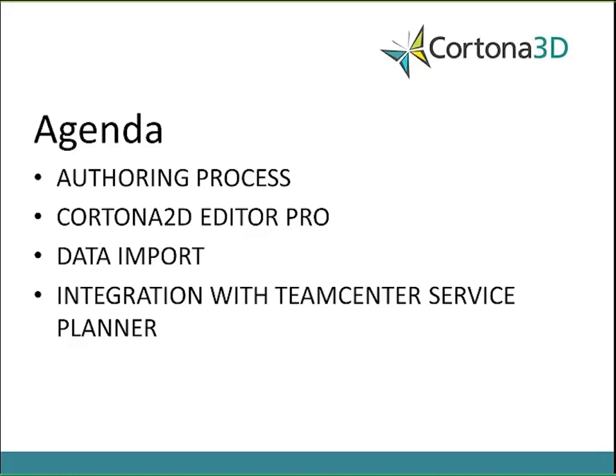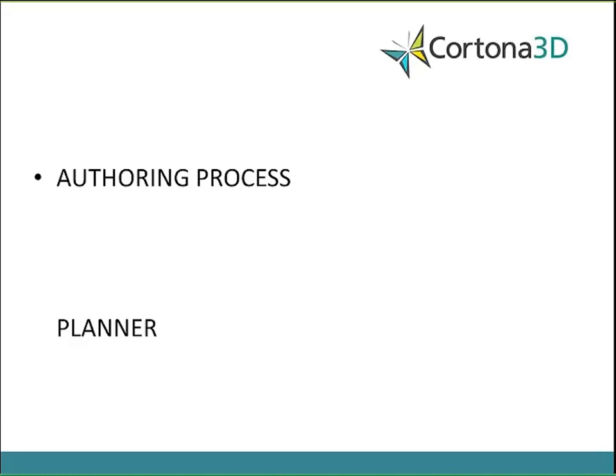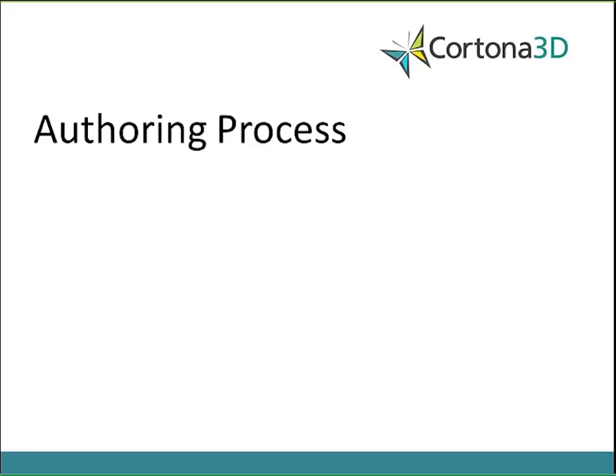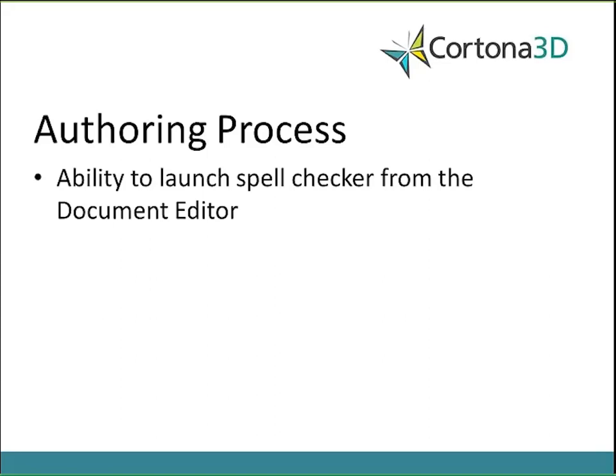Okay, so to get started, the authoring process and what was improved and enhanced in the new version of the RapidAuthor project. So at start, we have the first option, the ability of the spell checker directly from the document editor.